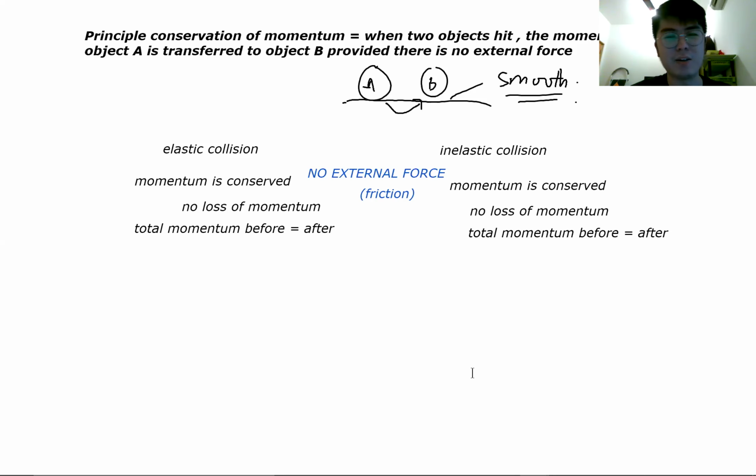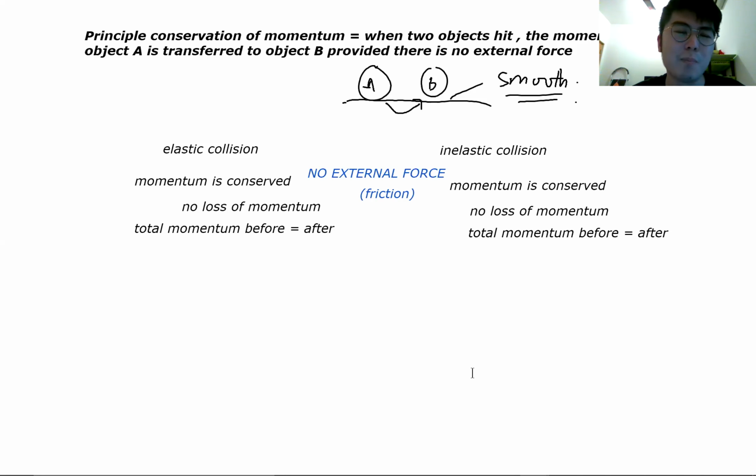Let's say we take a scenario: a car crash is an inelastic collision. If there's no external force, the total momentum before collision, which is the momentum of the first car, is equal to the momentum of the second car, because it transferred the momentum.